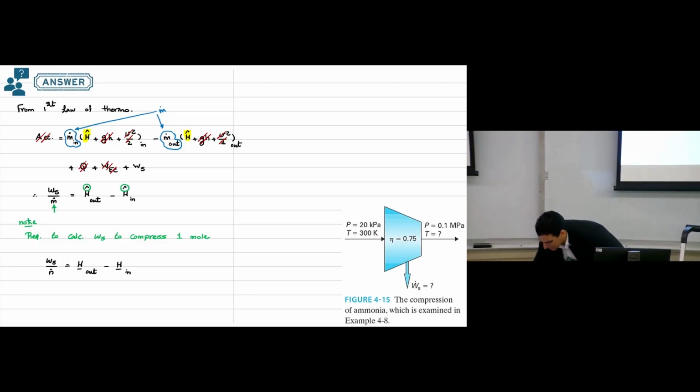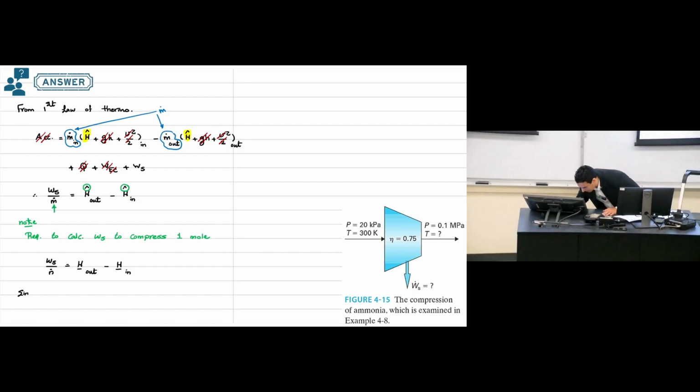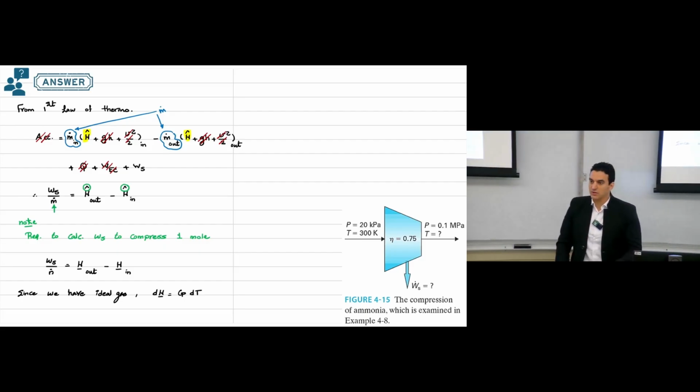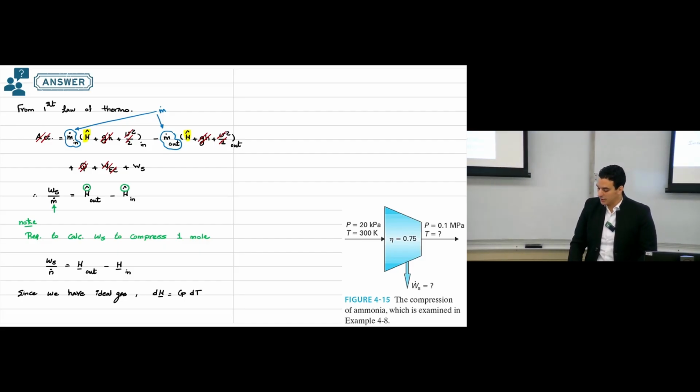So since we have ideal gas, then we can say dH equals Cp dT, the equation that we can use to calculate the change in the enthalpy for ideal gas.